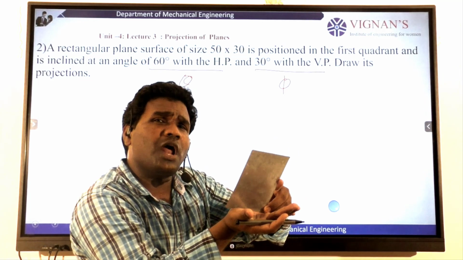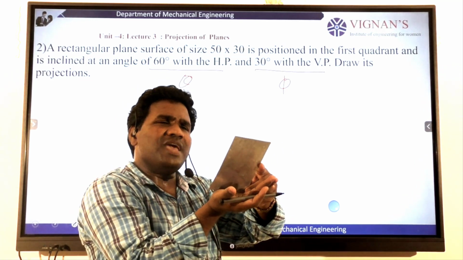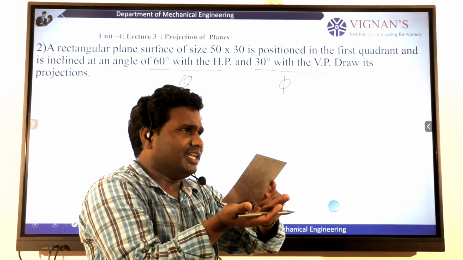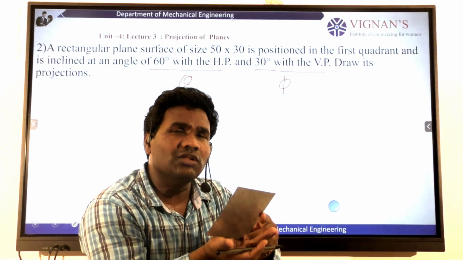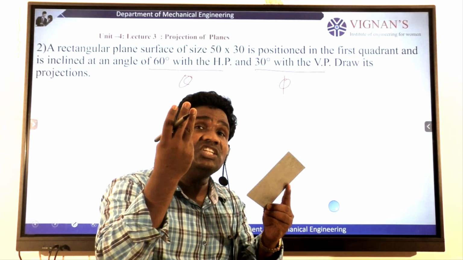How to solve this problem? When the plane is making angles with both HP and VP, we solve the problem in 3 steps.